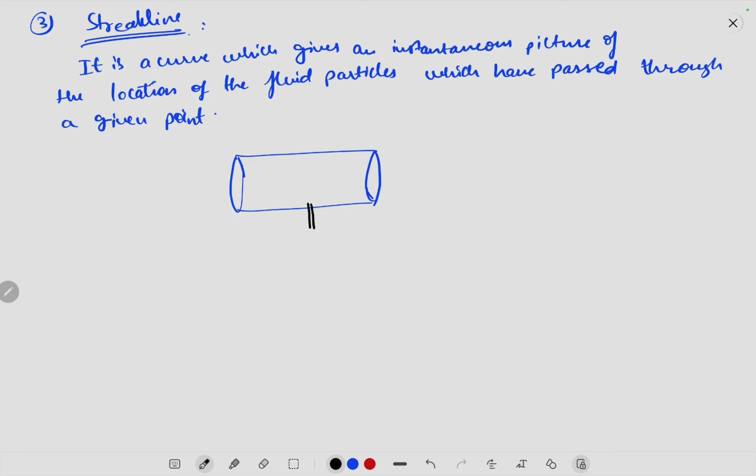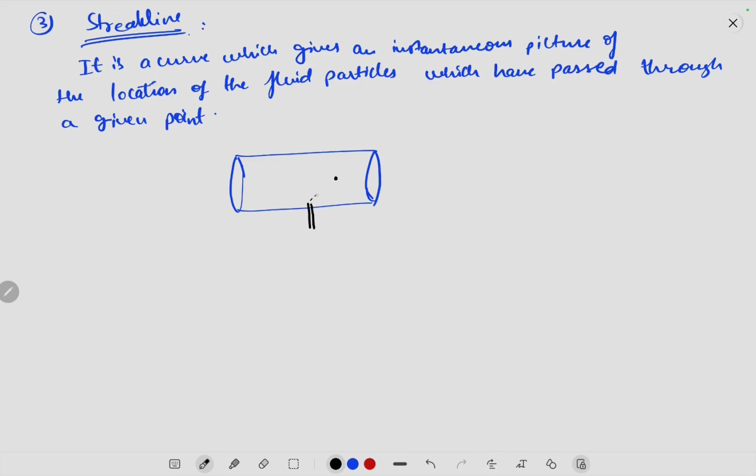Now it could be the case that I injected one particle and, after being ejected from this needle, this particle flows like this. So after a time t, the particle is over here, then let's say the flow is not steady and the next particle that was injected from this needle follows some different trajectory.